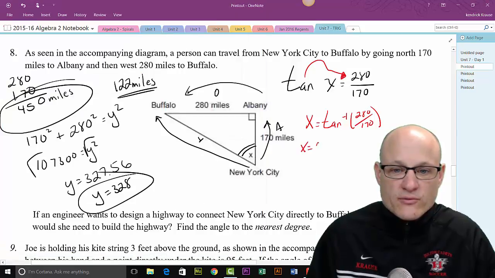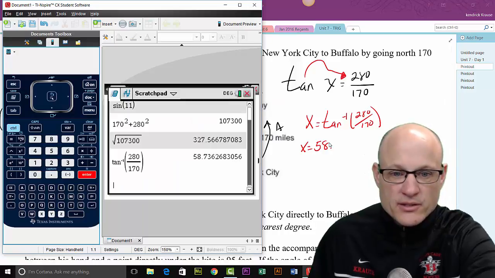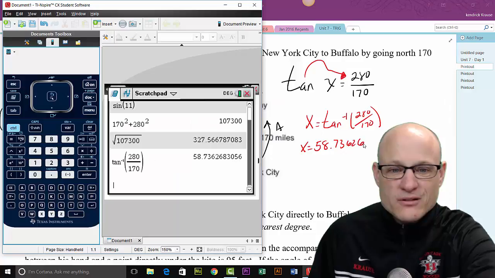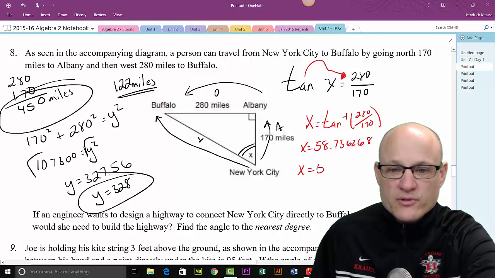So x equals 58.736263268, something like that. Rounded to the nearest degree, x equals 59 degrees.